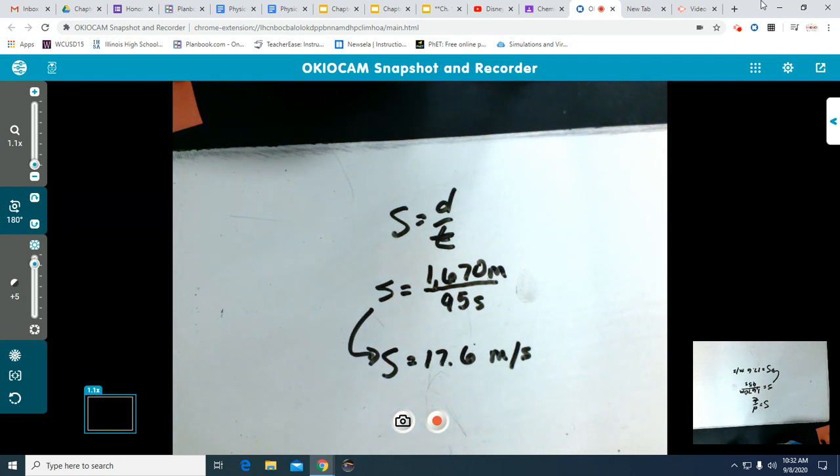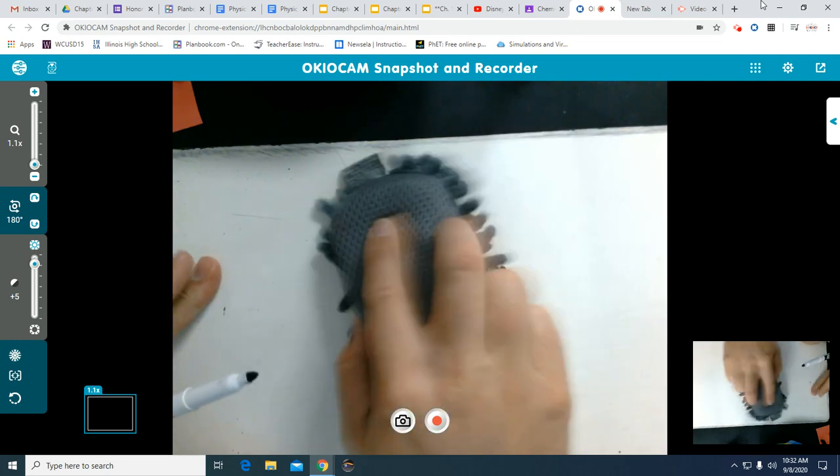That means for every second, the skier is going the length of 17 and a half of these. That person's scooting pretty good. If we wanted to, we could switch that over to miles per hour. But again, that's for another day. Questions on number 2?